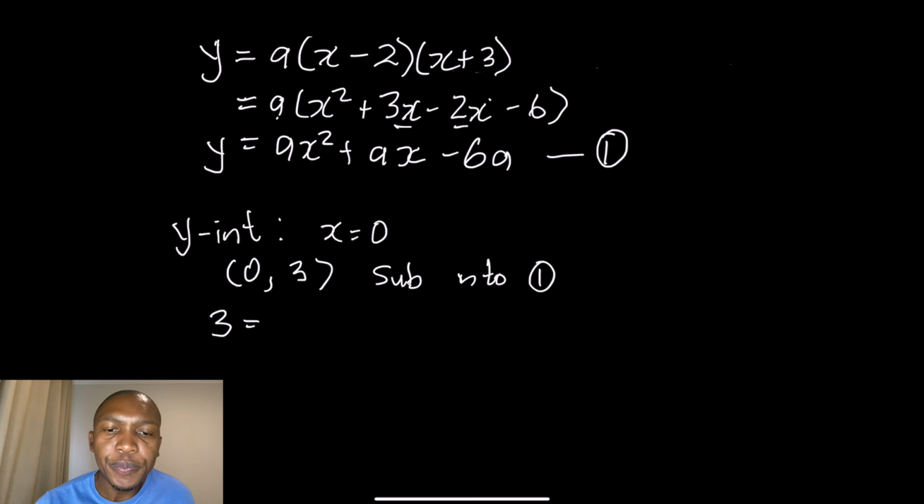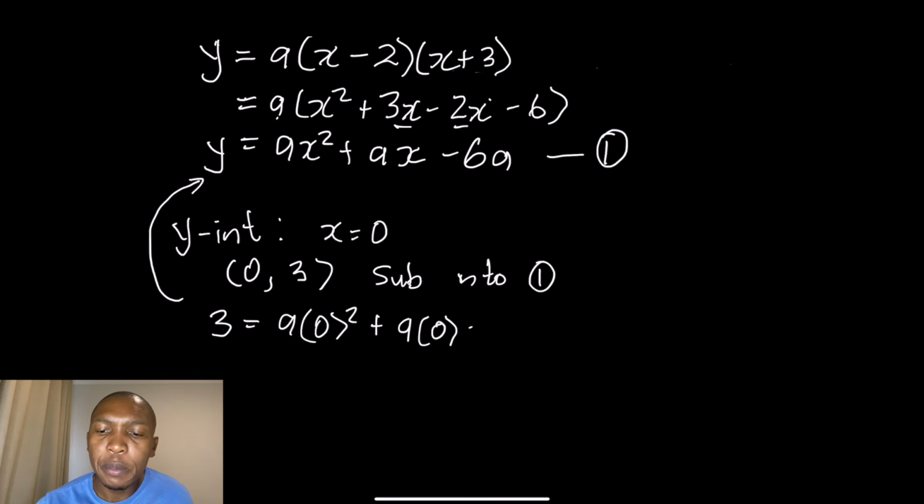All right, so in this case, I've got 3, I'm substituting for y there, is equal to a. Now x is 0, so that's going to be 0 squared plus a times 0 minus 6a. So what do I end up with?